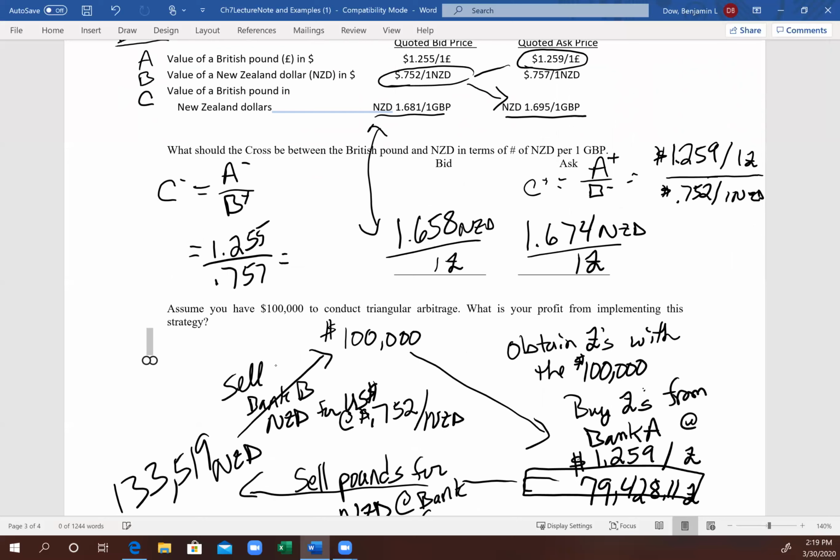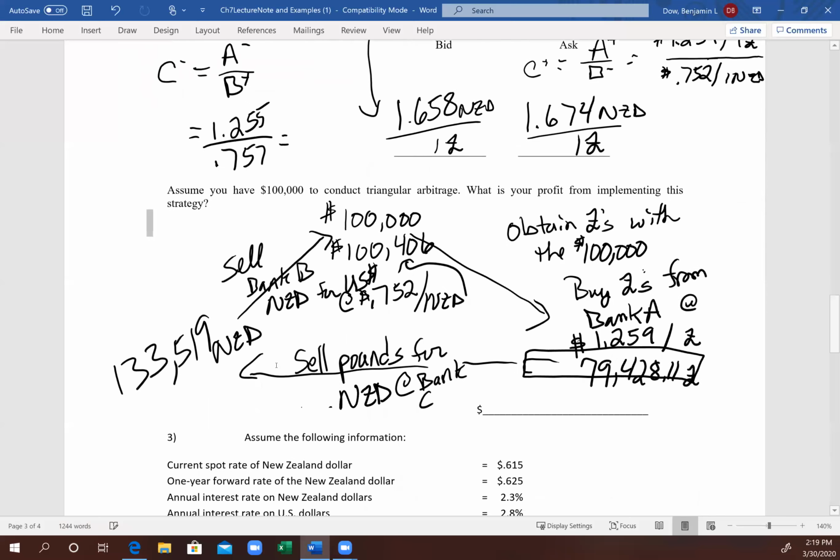And we're going to end up with 100,406 US dollars. So therefore, we've just made a riskless profit of about $406.